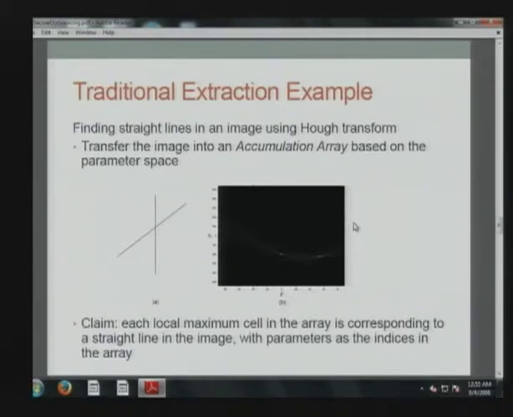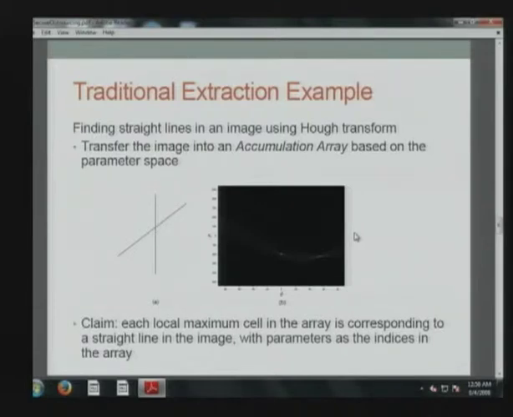So if you want the result to be concise, you will need a dense rho theta space, and it needs a lot of work to compute each cell in the accumulation array. Because it requires so much computational burden, that's the motivation we want to outsource.